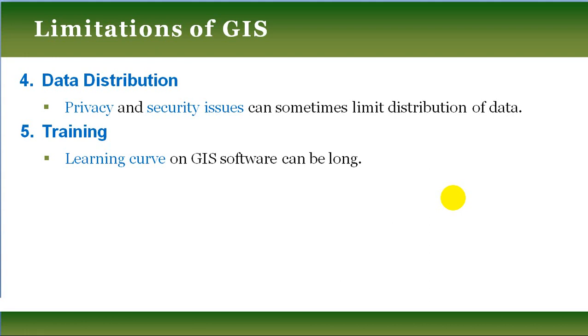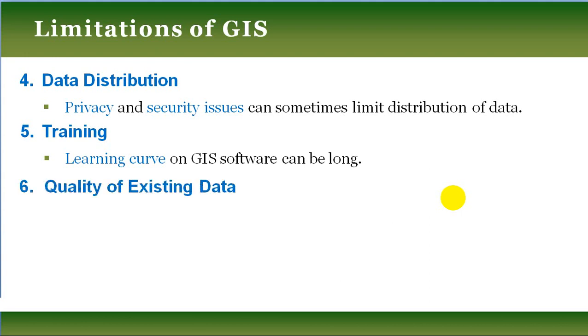You need proper training, 6 months, 1 year. At least 6 months of training is required to handle GIS software properly, so that you can prepare and use GIS in an appropriate way.